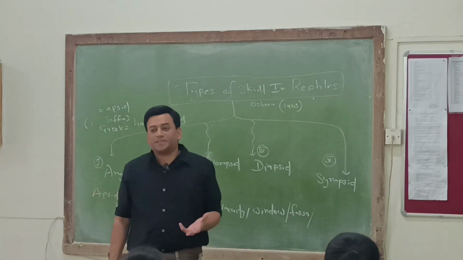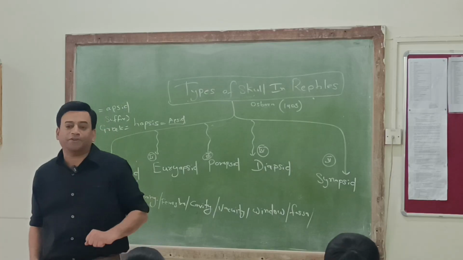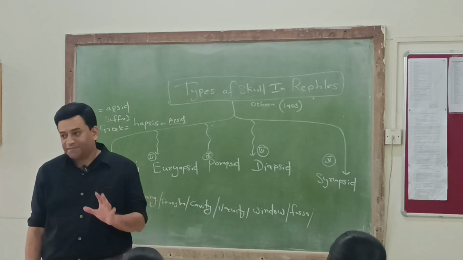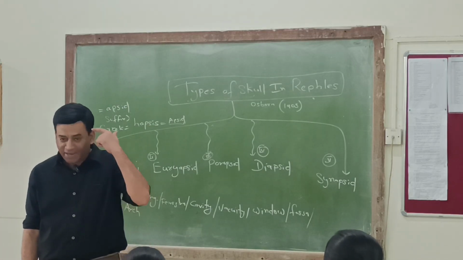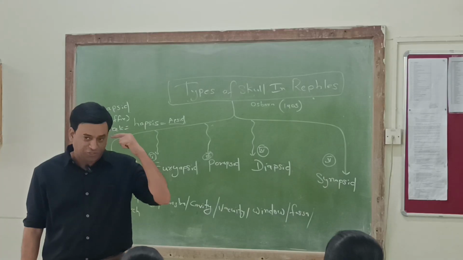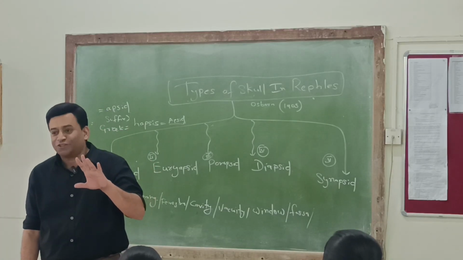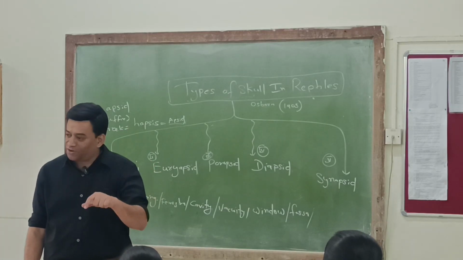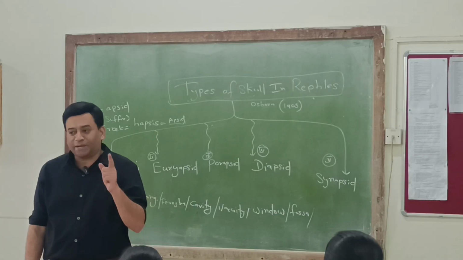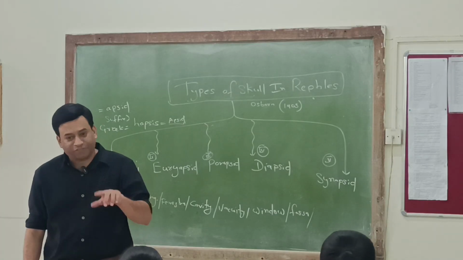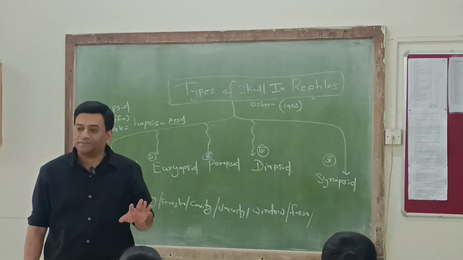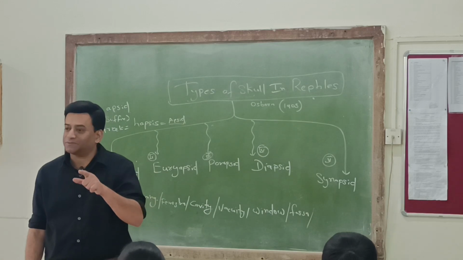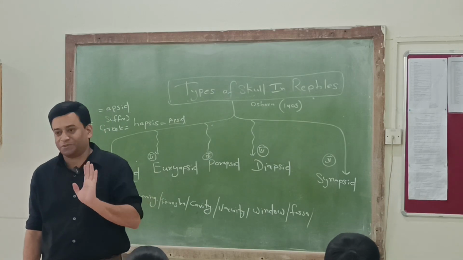But what kind of vacuity, what kind of fossa, what kind of window are we talking about? The skull has a posterior lateral portion which is called the temporal portion. So they may or may not have the temporal opening, the temporal fossa, the temporal vacuity, the temporal window. Got my point?